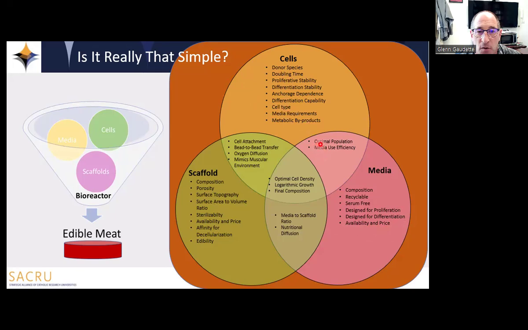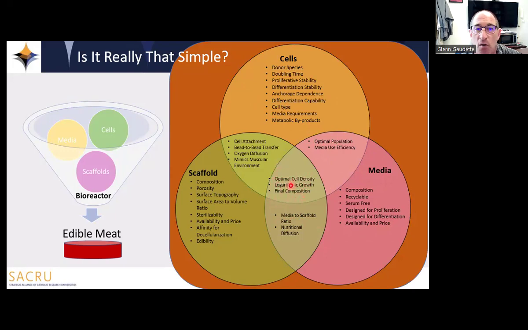What's the optimal population when we're talking about media and cells, right? What's the best media to scaffold ratio? We can think about the media, the cells, the scaffolding all together, right? What's the optimal cell density? What's the growth like? Logarithmic? Is it linear? What's it going to take?